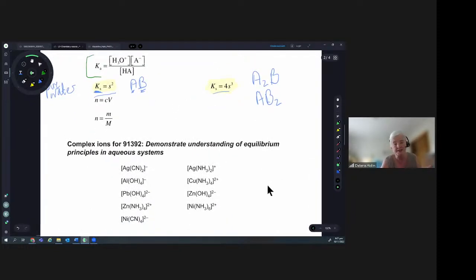Now, in this case, remember we had magnesium hydroxide, so we don't have that issue over here because there's no complex ion involving magnesium. But if you were given, say, lead hydroxide or zinc hydroxide or nickel or something like that, then there's a strong possibility of the complex ion being formed.